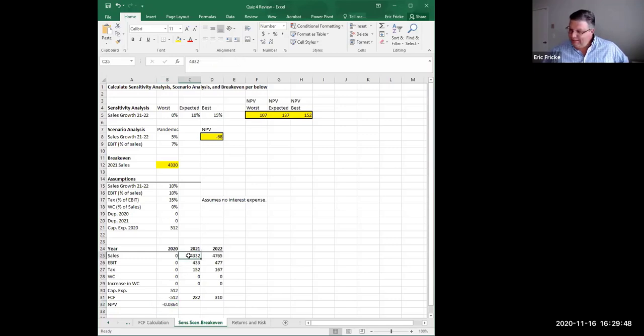I did 4330, right? It still rounds to 0, but it's not quite as precise as GoalSeek. So it's just a matter of rounding. But that's the idea. You change your sales to get an NPV of 0, and then record that as your break-even sales.